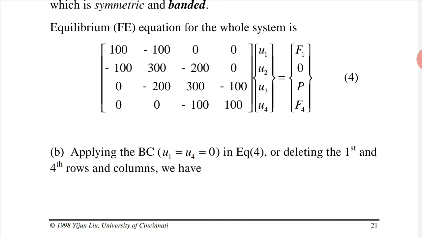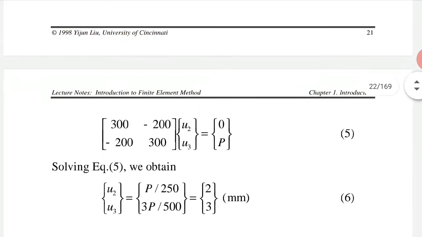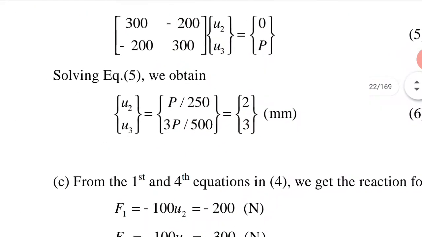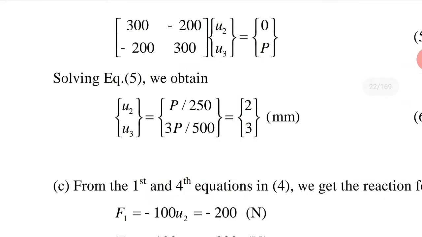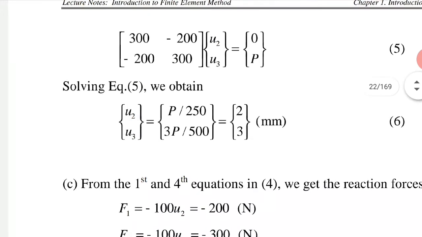Because both are fixed points, we eliminate the first and fourth rows as well as columns. So we get the simplified form of the equilibrium equation, where the other rows and columns are eliminated as per the elimination rule.